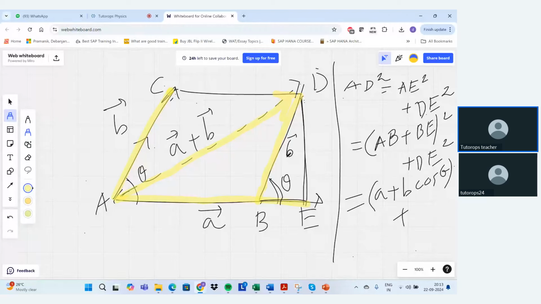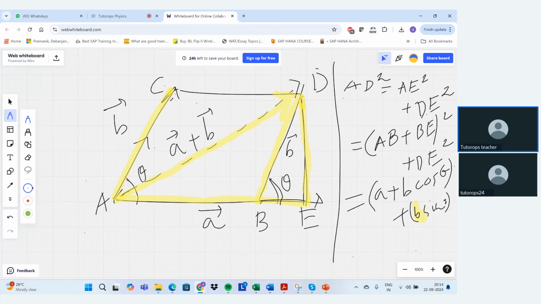If this is my B, so sine theta is equal to the perpendicular part divided by this value. So BE will be coming as B sine theta squared.